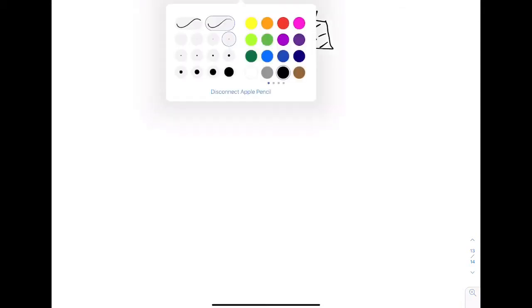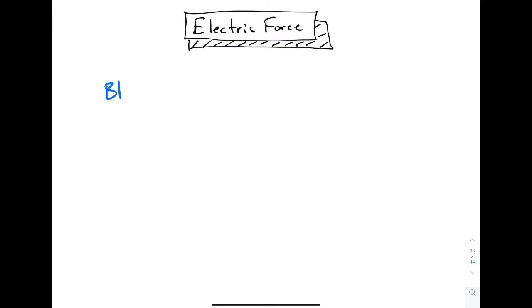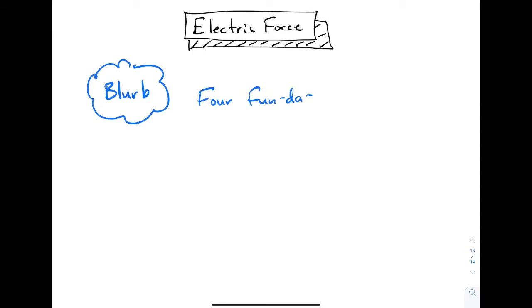Before we move on and do a mathematical example, we ran out of time in our lecture, but I'd like to make a little blurb about the fundamental forces. And actually, there are 4 fundamental forces.